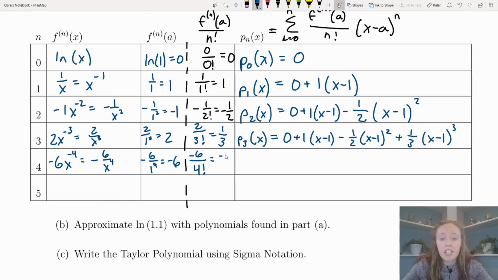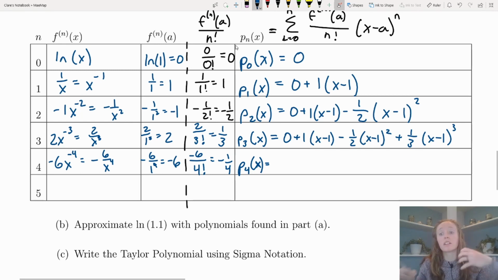But negative 6 over 24, I can simplify down as negative 1/4. So we'll have negative 1 over 4. So our fourth degree Taylor polynomial is going to be all of p sub 3 plus our new c sub 4 times x minus a to the fourth.